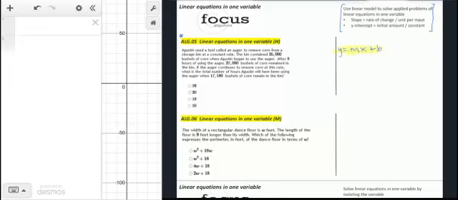This is based on the linear form, y equals mx plus b, where m is the slope and b is your y-intercept. The slope represents the change per unit, and the y-intercept is the initial amount, or the constant value, such as an initial fee or set fee that doesn't change.